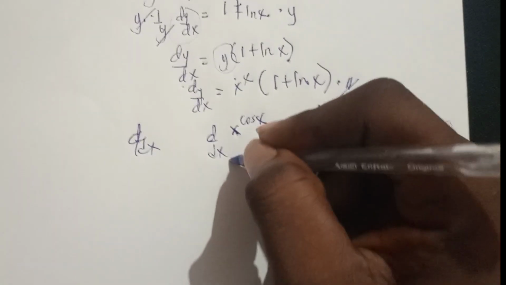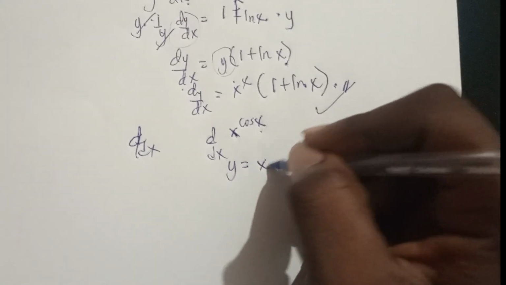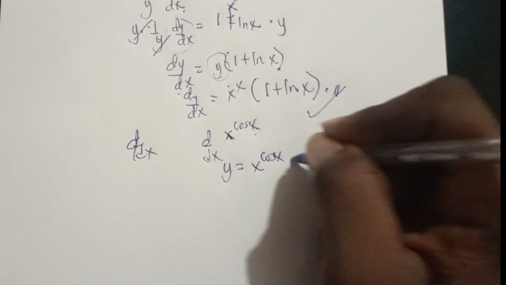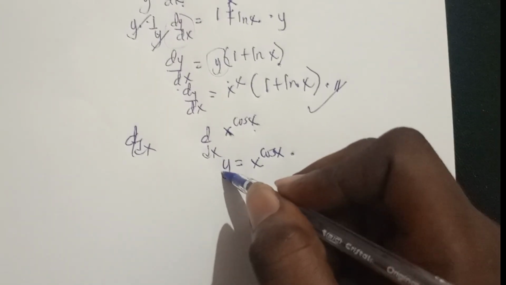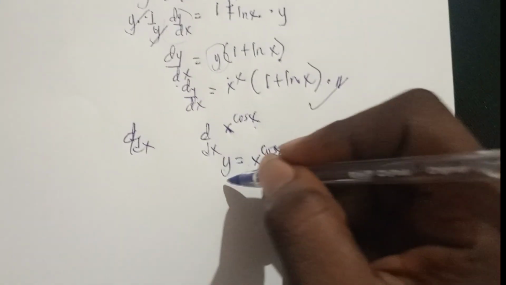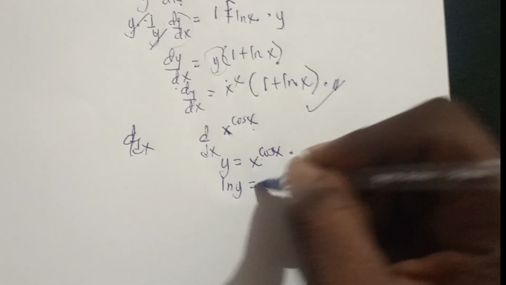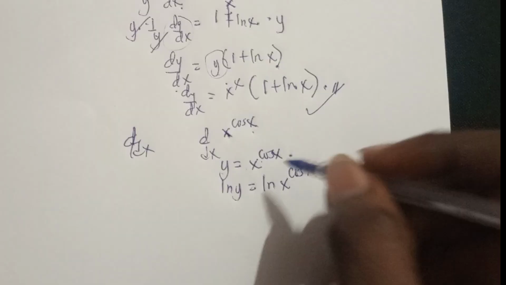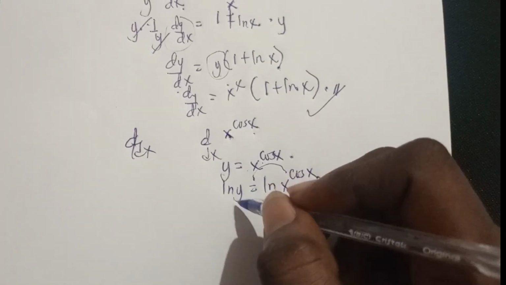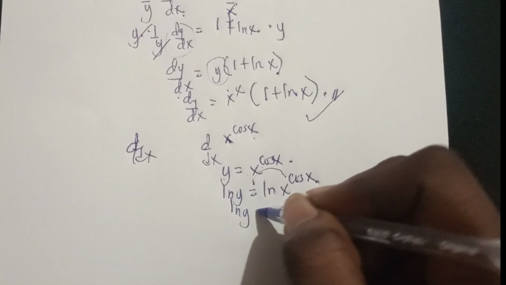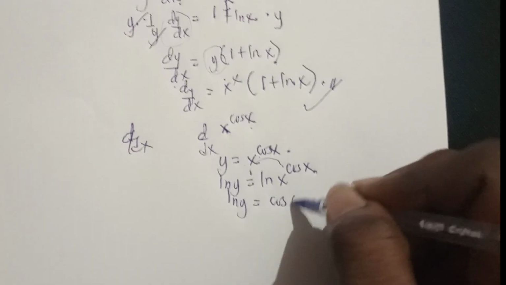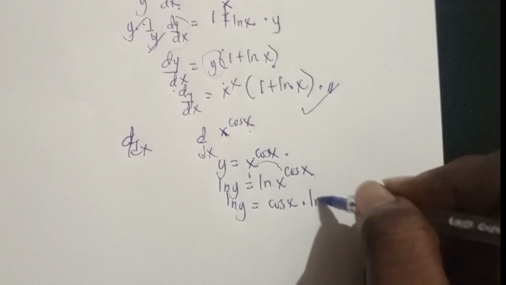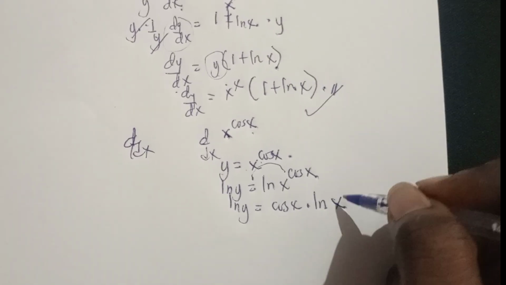So we know that this is a function giving us y is equal to x to the power cos x. The next thing is that we are going to take natural log of both sides. Natural log of y is equal to natural log of x to the power cos x. This power is going to come in front. So that's natural log of y is equal to cos x multiplying natural log of x.